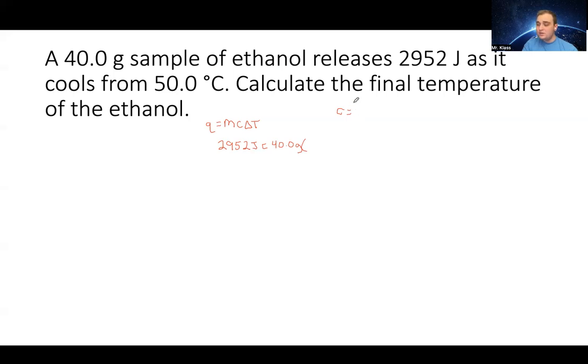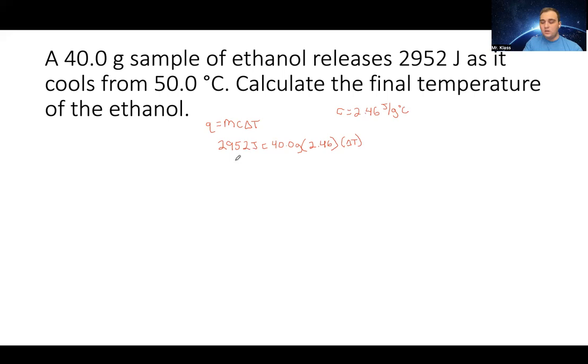So I will just give this to you. And c is actually equal to 2.46 joules per gram degrees Celsius. So let's plug this in over here, 2.46. And now we're going to be solving for delta T.